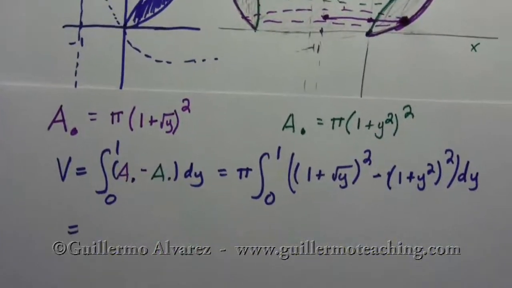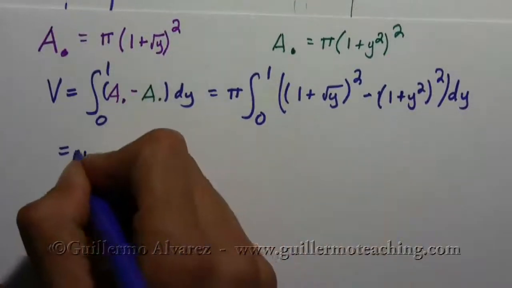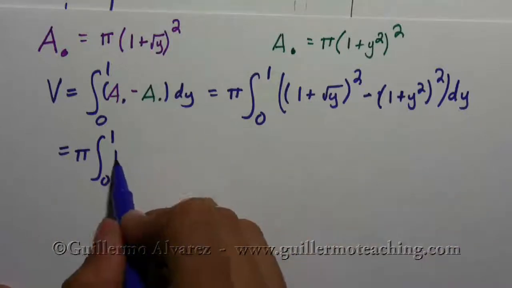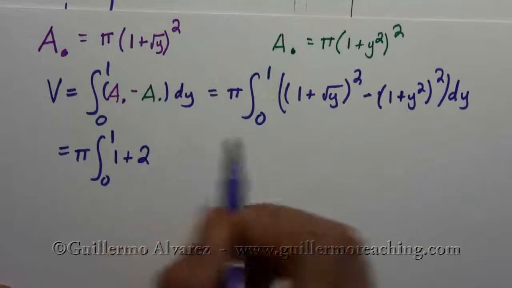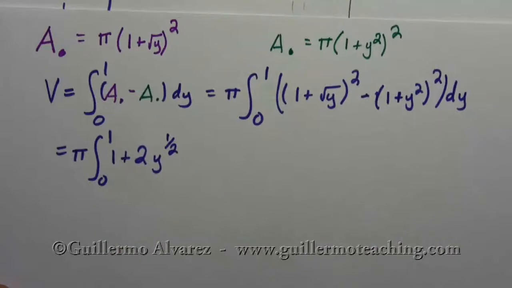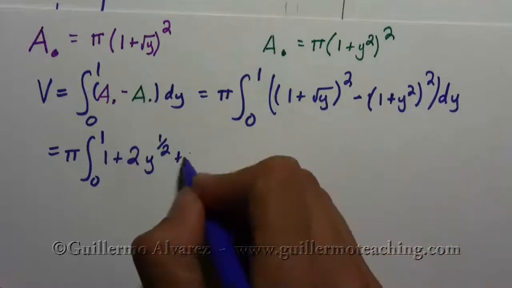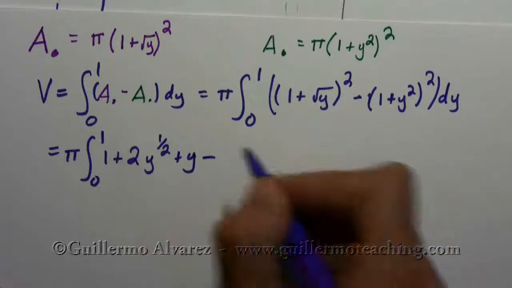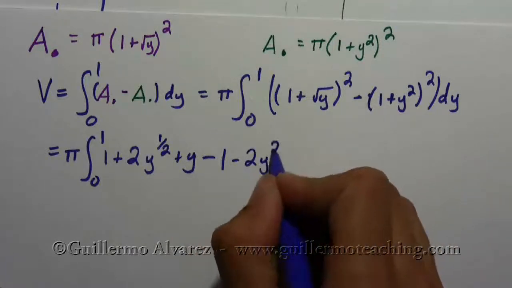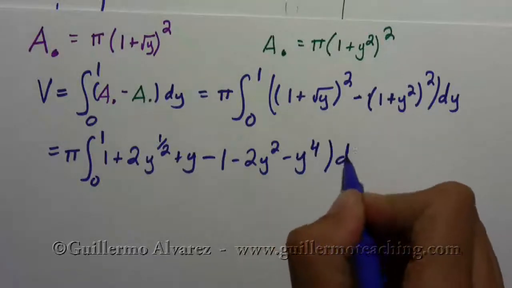So we have quite a bit of math to do. Why don't I break this whole thing up? I'm going to write this all out. So this is going to be 1 plus 2 times y to the 1 half, instead of square root of y, plus square root of y squared, which is just y, minus 1 minus 2y squared minus y to the 4th, and all of this with respect to y.